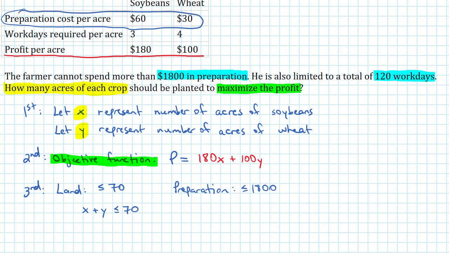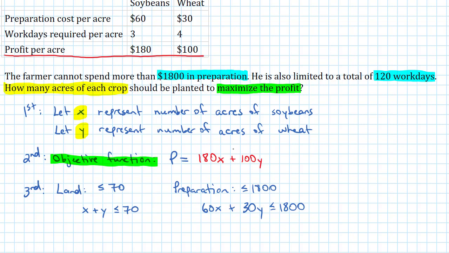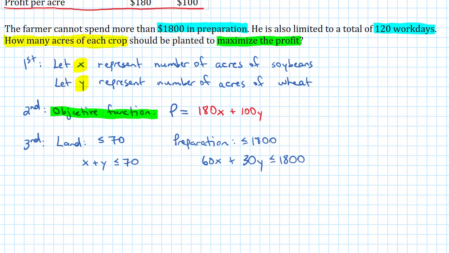If we have $60 of preparation cost per acre of soybeans, and we have X acres, that's 60 times X for the cost of preparation of soybeans. Plus, similarly, 30 times Y for the preparation cost of wheat. And when we add that together, that needs to be less than or equal to 1,800. Now, we know where we're going to go with the algebra here, but we'll come back to that.